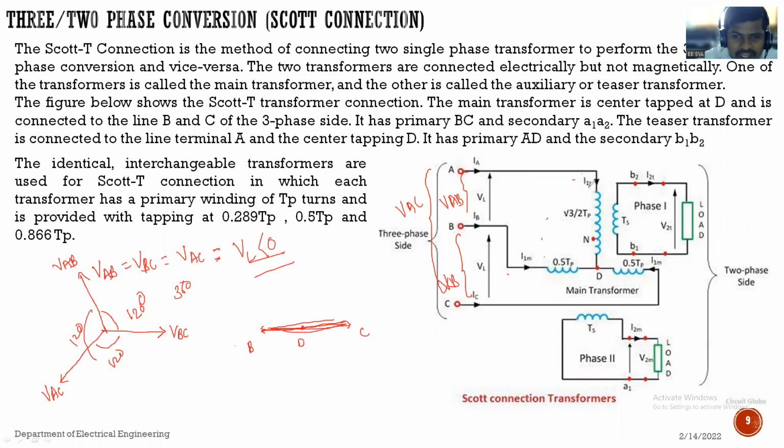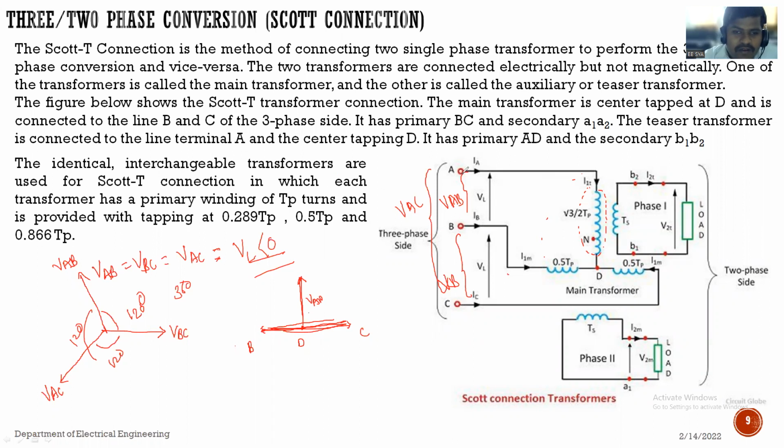So voltage occurs due to that winding, that is teaser transformer winding is nothing but, suppose this is voltage, right? No, this voltage is nothing but voltage VAD or one vector VAD. Vector VAD is nothing but this voltage.